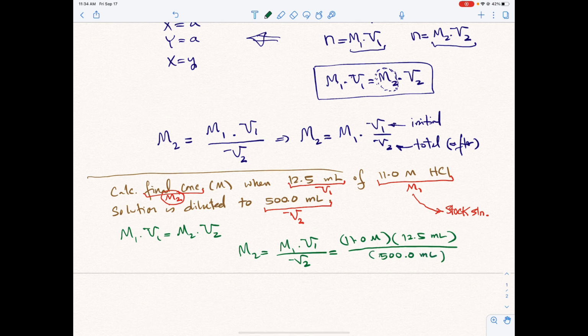Notice that as long as you have the same volume units in the numerator and denominator, they cancel. So you don't need to convert this to liters or anything. As long as the units match, it works.